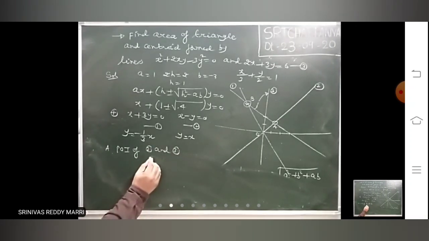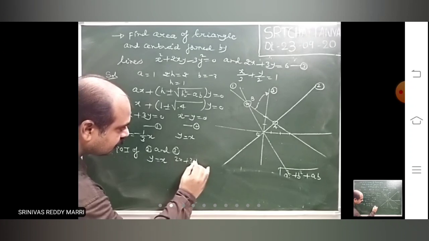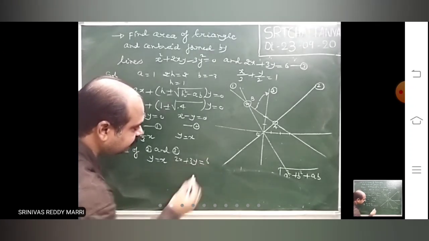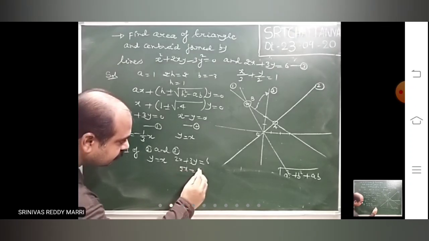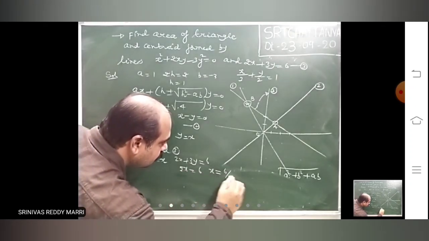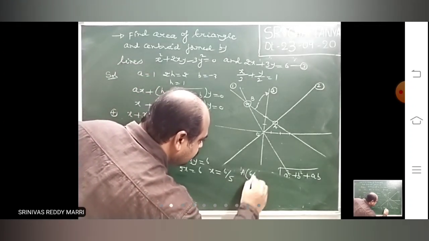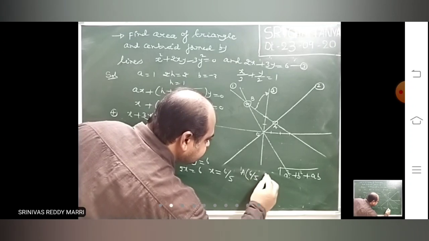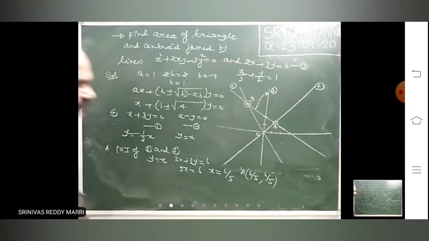The second line is y equal to x, and 2x plus 3y equal to 6. So solve this and this. Therefore x is 6 by 5, and y is also 6 by 5. That means A point is 6 by 5 comma 6 by 5.